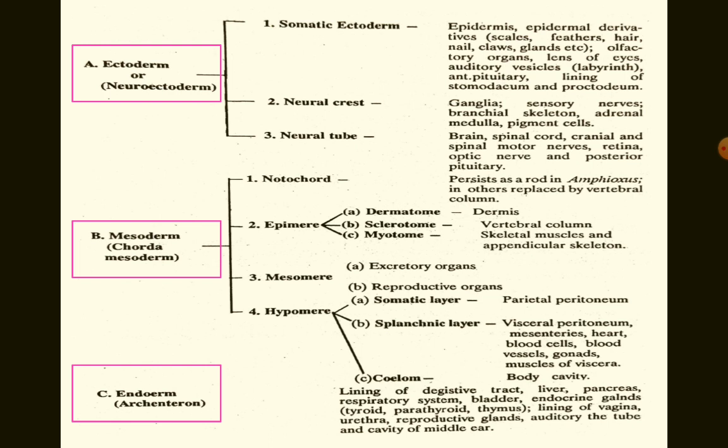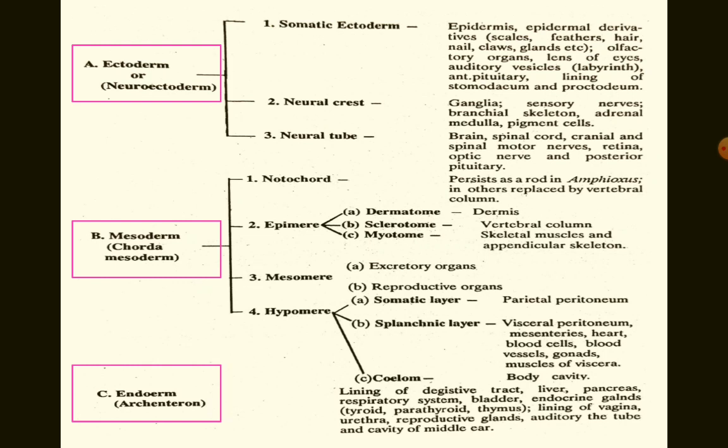Mesomere will give rise to the excretory organs and the reproductive organs. Hypomere will form the somatic layer, which will differentiate into parietal peritoneum, the splanchnic layer, which forms visceral peritoneum, mesenteries, heart, blood vessels, gonads and the muscles of viscera, and the coelom, which gives rise to the body cavity.